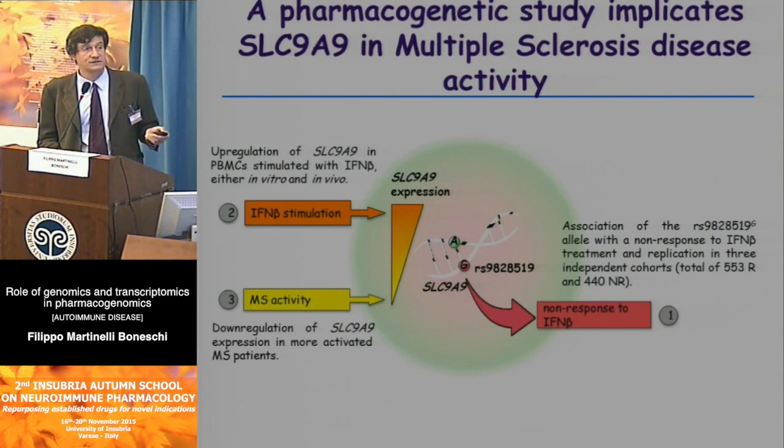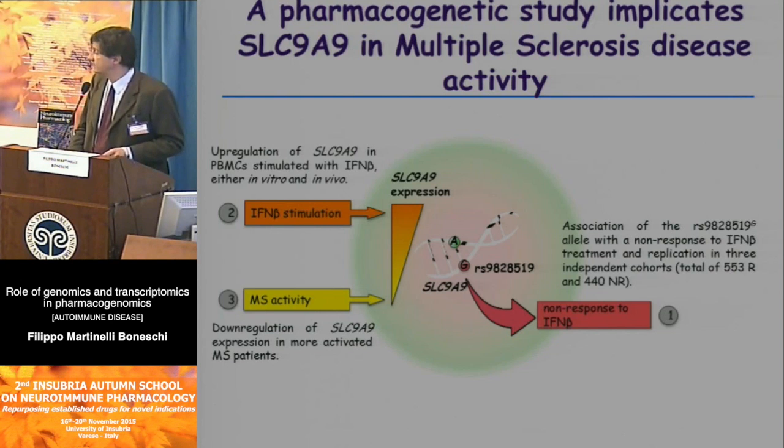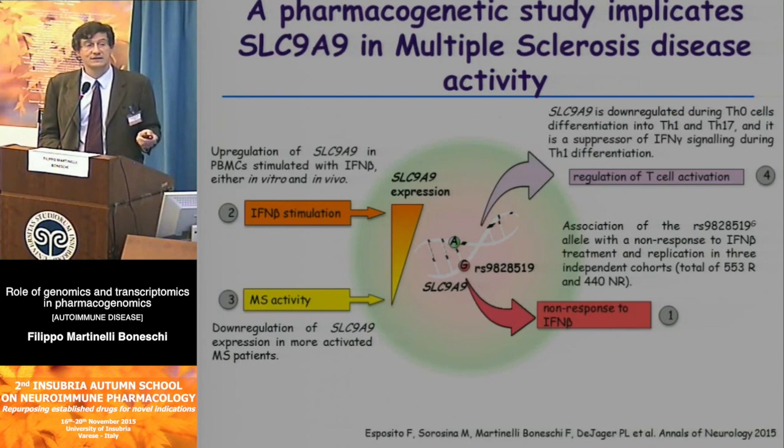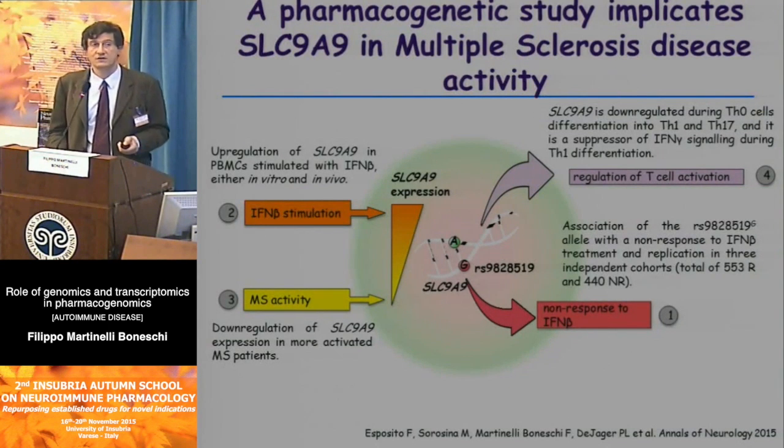We also found that the same gene was downregulated in more active MS patients. And the final piece of the story is that the gene is downregulated during Th0 cell differentiation into Th1 and Th17, and it seems to be a suppressor of interferon gamma signaling during Th1 differentiation.